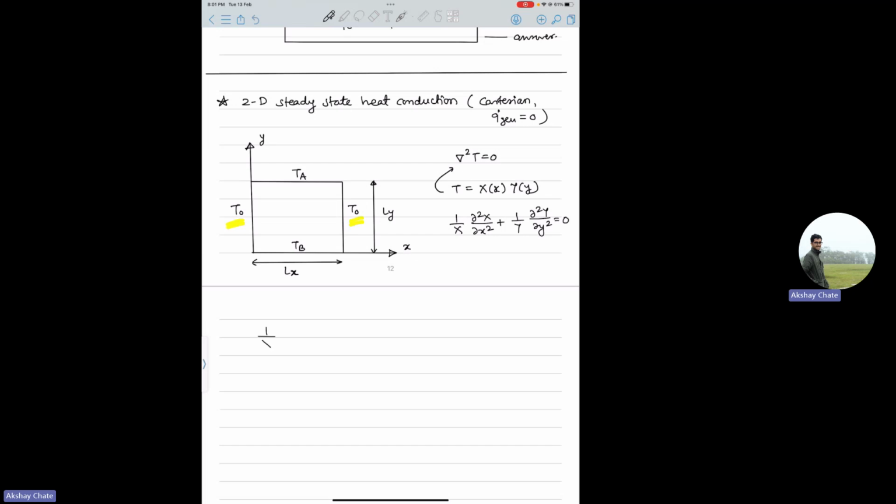So basically what you write here is 1 by X del square X by del x square will be equal to some constant lambda square, and 1 by Y del square Y by del y square as another constant of the same magnitude but opposite sign, and lambda is greater than 0, positive. Or you can't say that actually. That's why we are taking the square, so that's when they become the same.